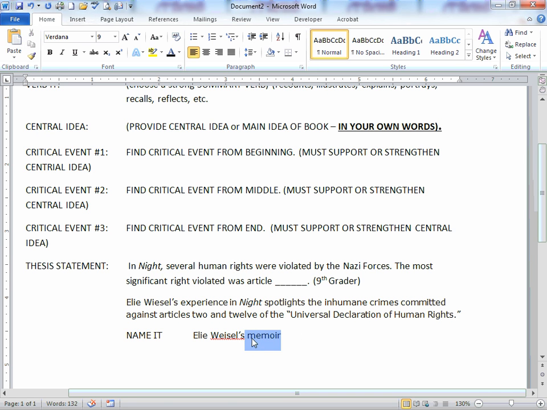It's really up to you. So you want to describe what it is. So it's his experience, his story, his recollection. So you want to insert, I like to call it a strong noun. In Night.